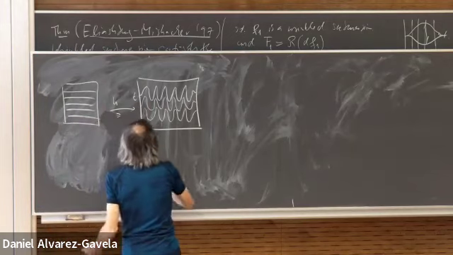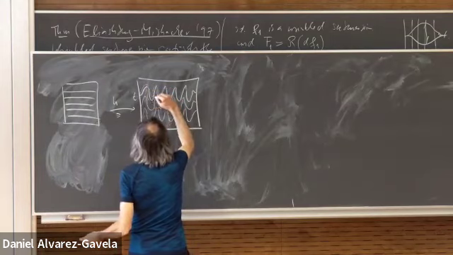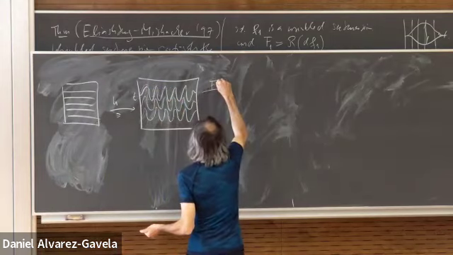Now over each of these, we have some holonomic approximation ft.